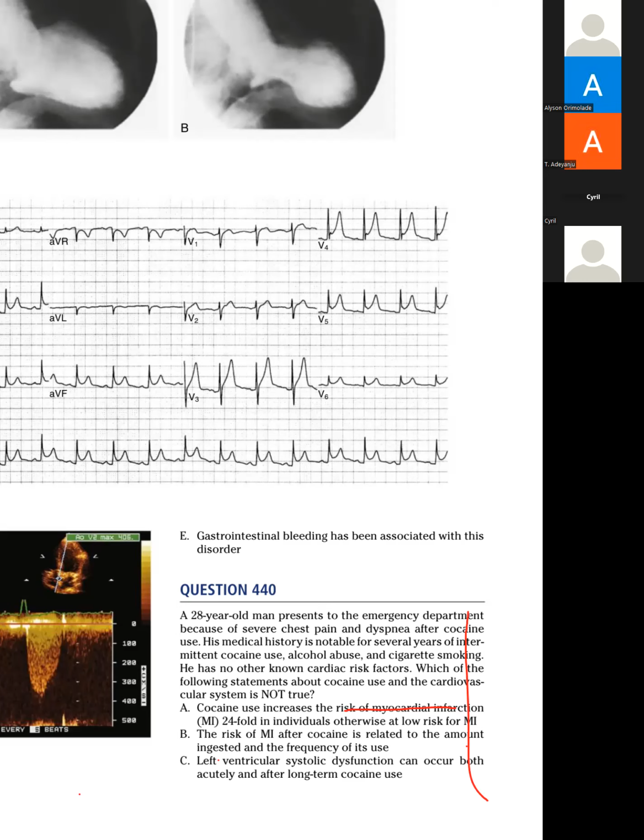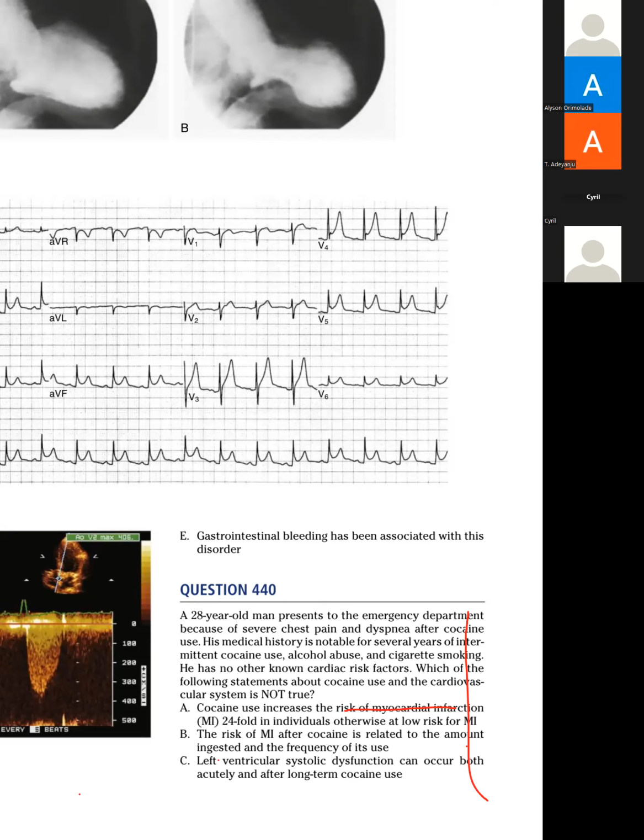And it's possible to have been taking it for a long time and still present with symptoms. Just like he has said too, you could have both acute left ventricular dysfunction from it and chronic effects of the substance abuse. And this also is a form of MINOCA.